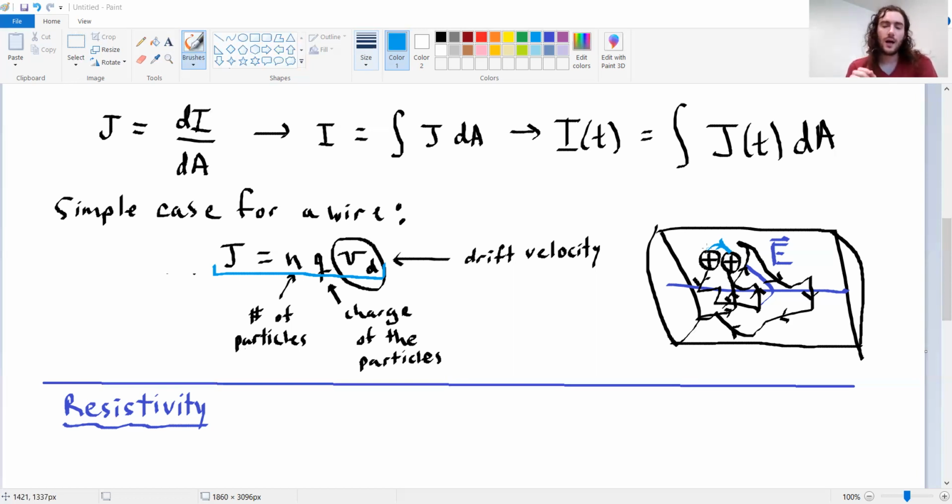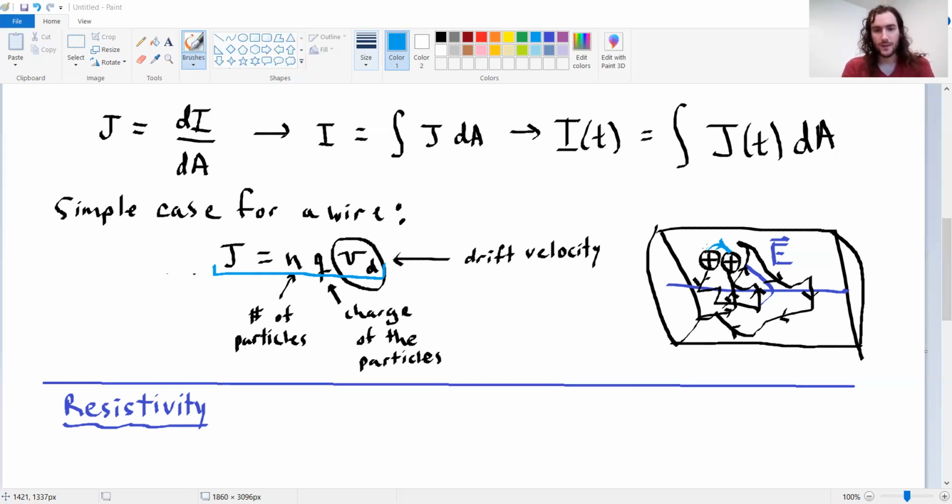And of course, remember, we're applying an electric field. Positive charges experience a force, and force is proportional to acceleration. But because this thing is bumping into all of its neighbors constantly, that represents a source of friction.